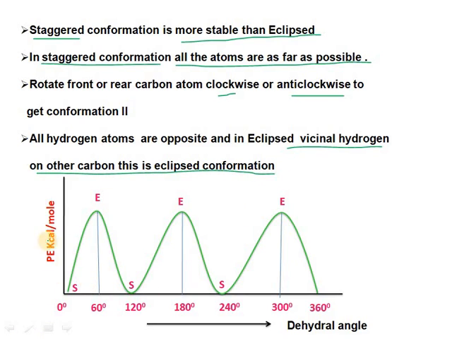In the energy level diagram, we can show that the molecule can rotate in 60-degree steps.